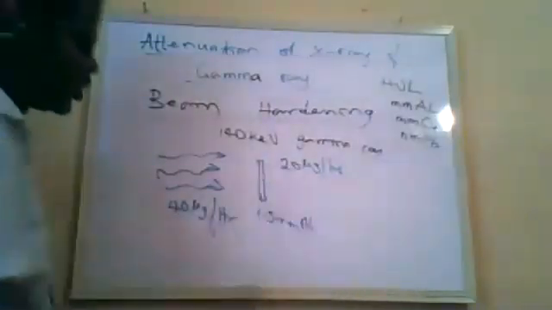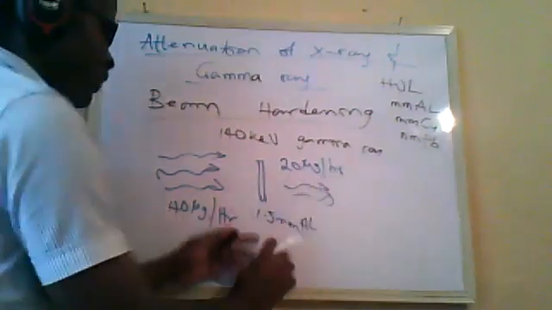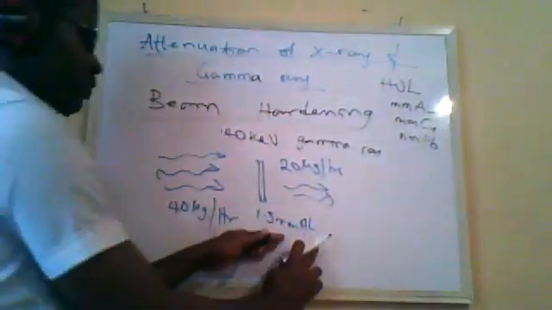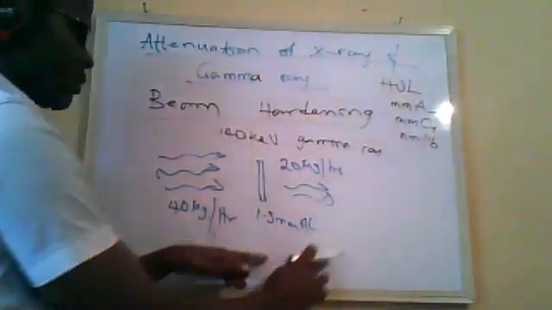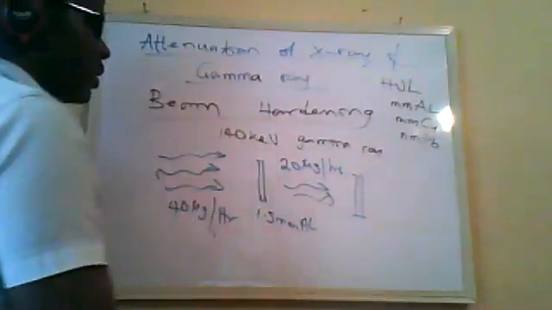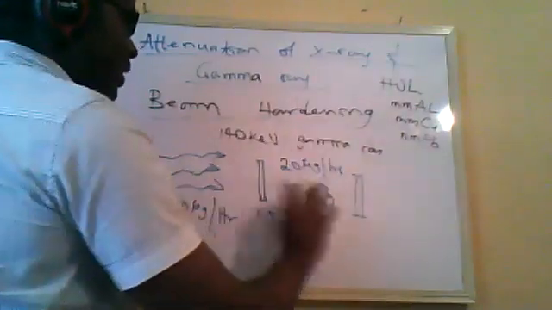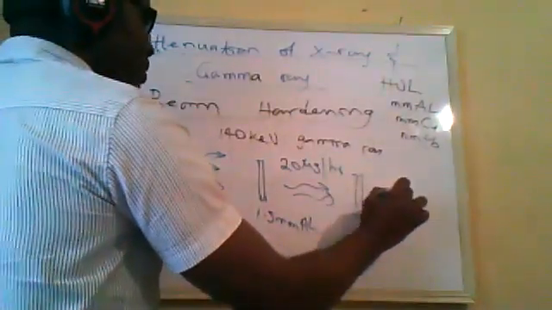That will be the dose rate. If you now take another 1.5 millimeter of aluminum and you place it here, this one will reduce it by exactly 1/2, to 20, then 10.